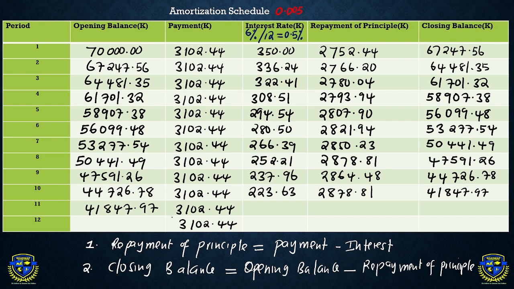We're in period 11, it's going to give us 209.24. Subtract 209.24 from the equal payment, which is 3,102.44. We are going to have the repayment of the principal to be 2,893.20.